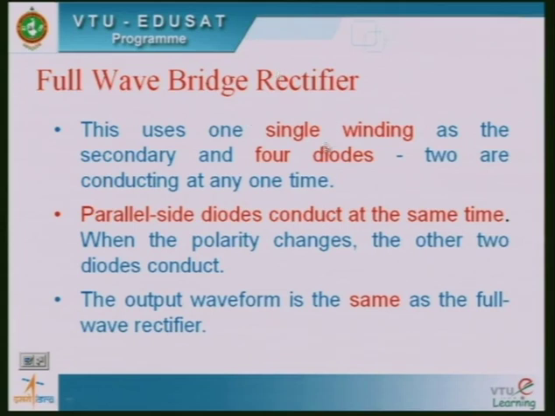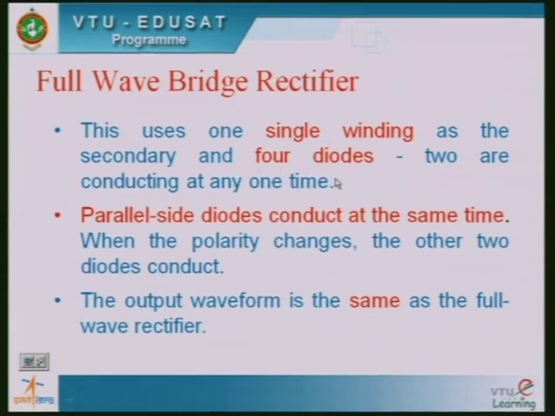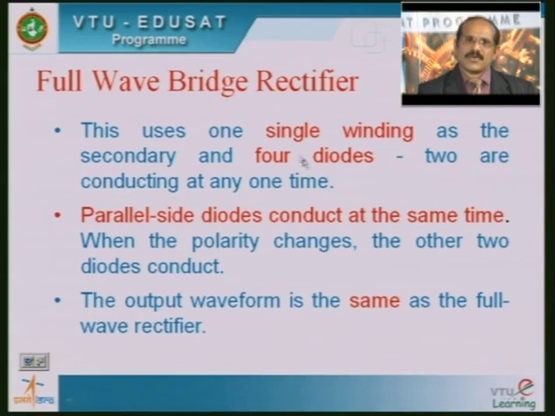However, the bridge configuration makes use of 4 diodes, but 2 diodes conduct together at any one time, whereas the center tap configuration has 2 diodes.